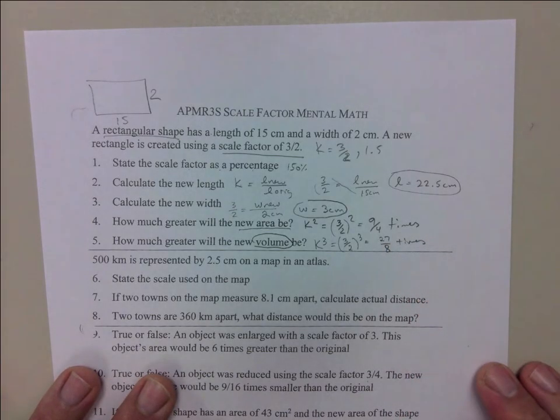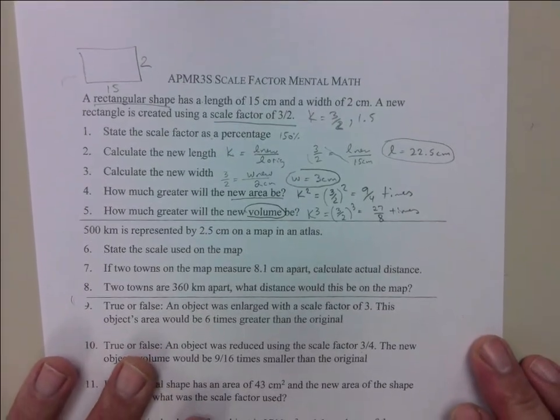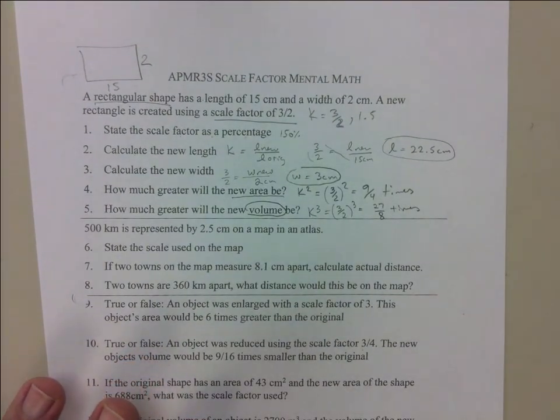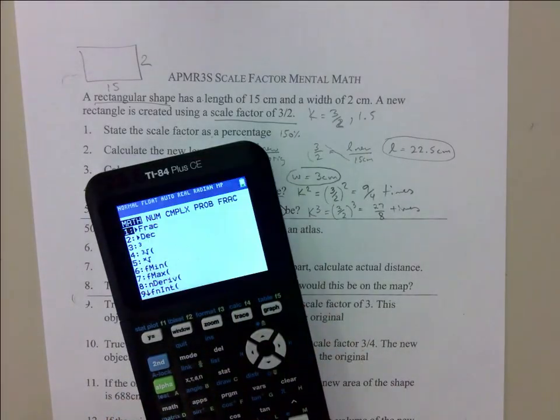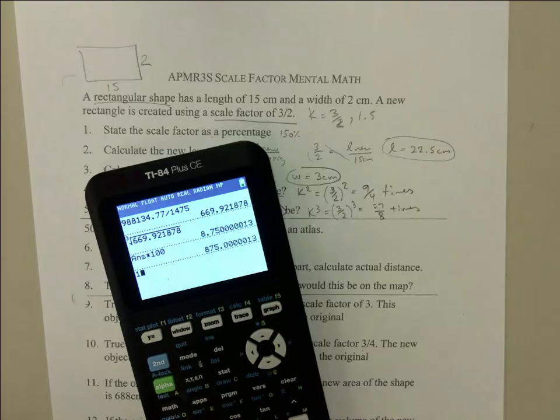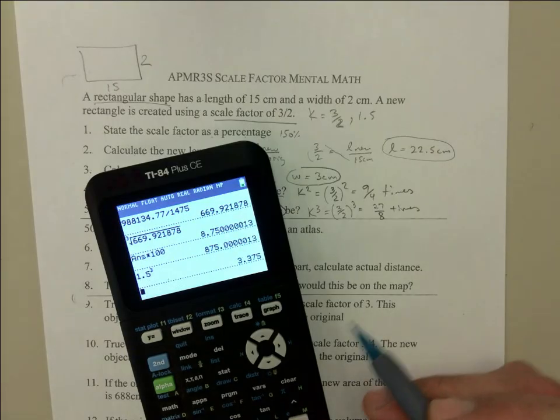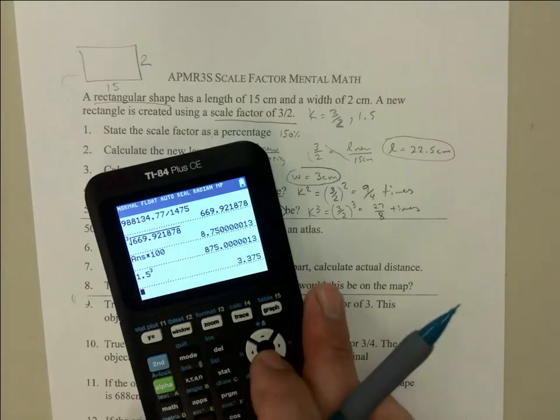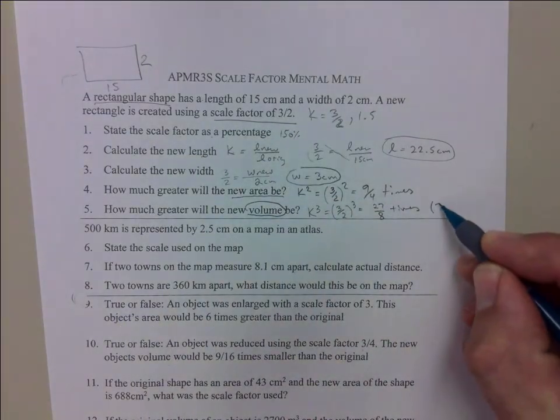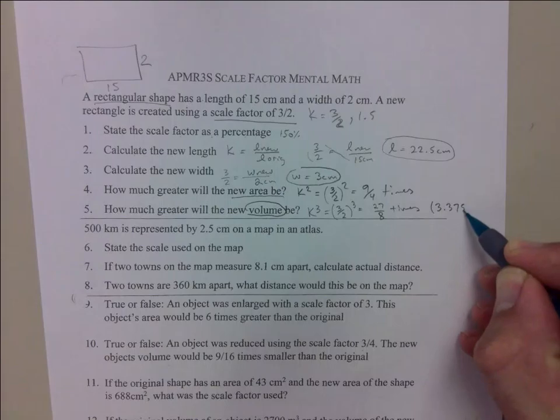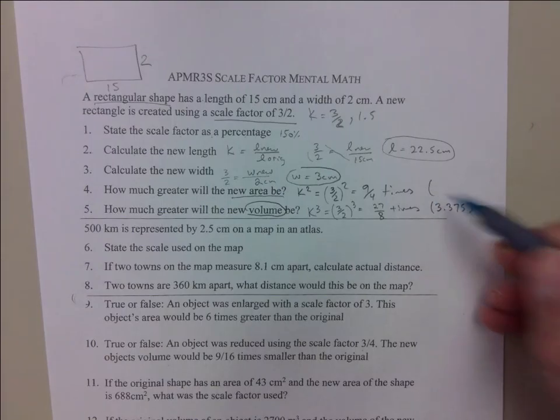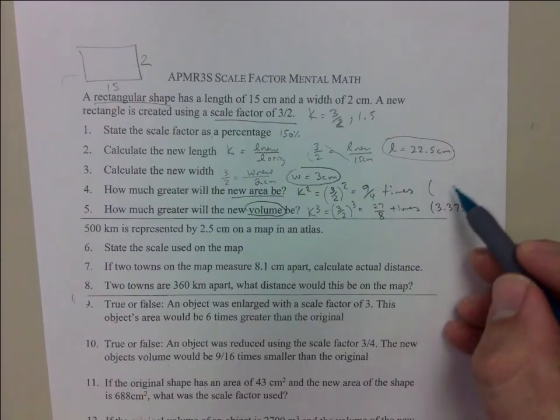So 4 and 5 each get a mark. If you went 1.5 to the power of 3, you'd have a different answer: 3.375 if you wanted it as a decimal. The other one is 2.25.